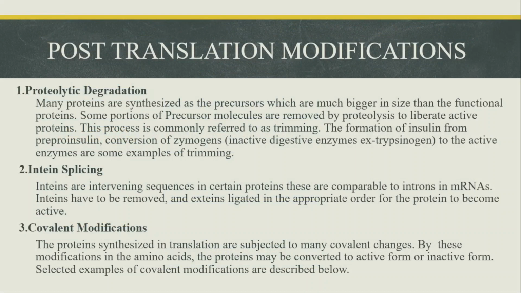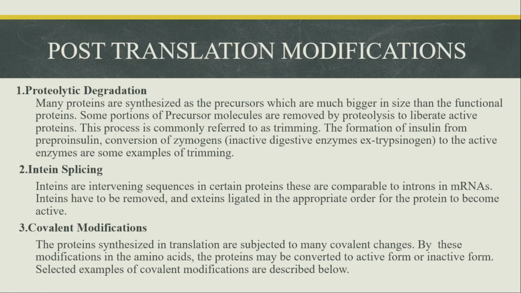Now let us enter into the post-translational modifications. There are mainly three types of post-translational modifications. That includes proteolytic degradation. Many proteins are synthesized as a precursor, which is much bigger in size than the functional protein.